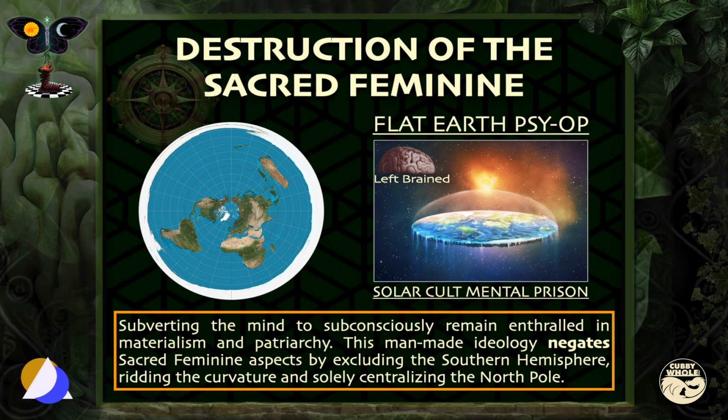And this is Mother Earth. Mother Earth is curvy. So we have to remember that. And it's also negating the southern hemisphere. It's centralizing the North Pole, which means centralizing the patriarchy, and it's centralizing male domination and ego.